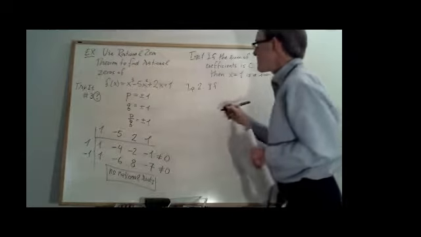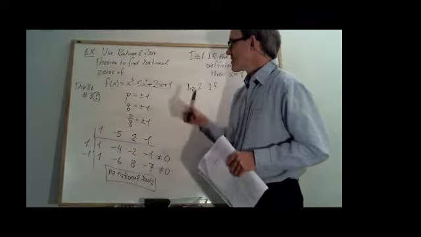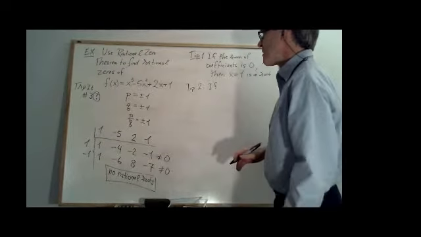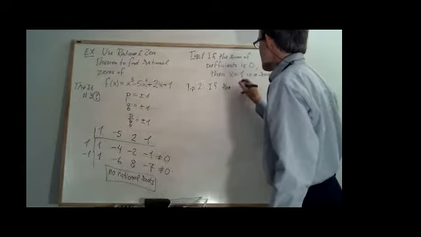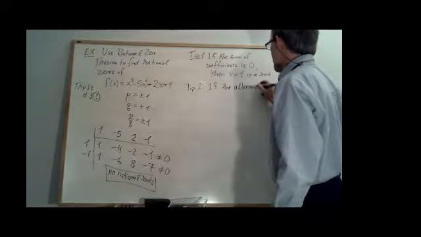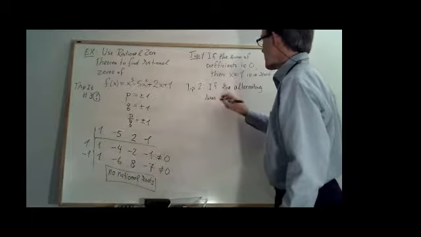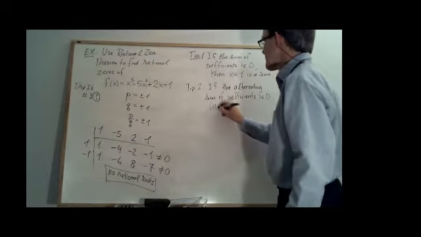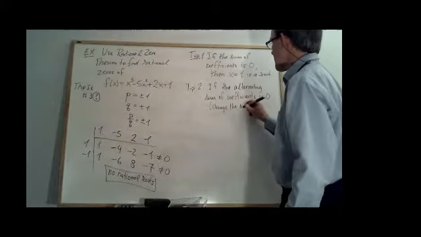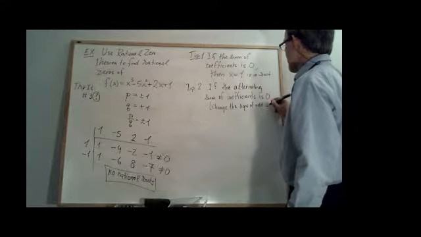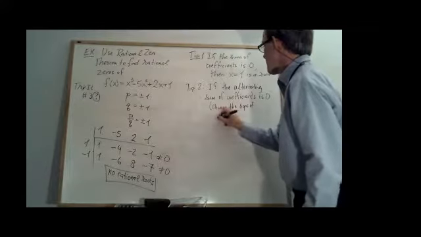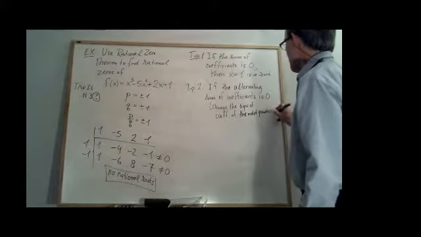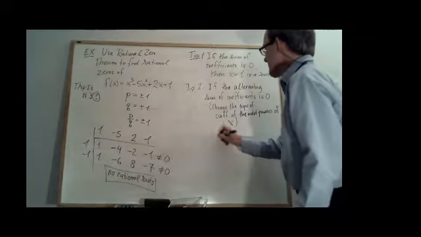If the alternating sum of the coefficients is 0, so if you change the sign of the coefficients of the odd terms, in other words the odd powers of x, and then the coefficients add up to 0, then what's going to be a root there?